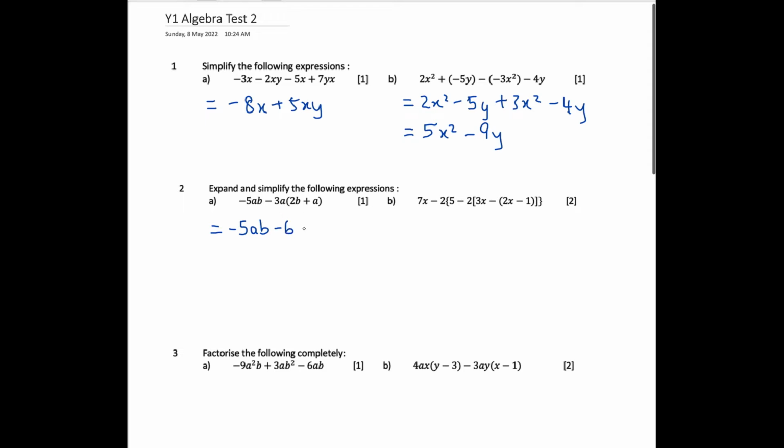And a times b is ab. Minus times plus is minus. 3a times a is 3a squared. So collecting like terms again, we have a total of 11 negatives, ab, and negative 3a squared.